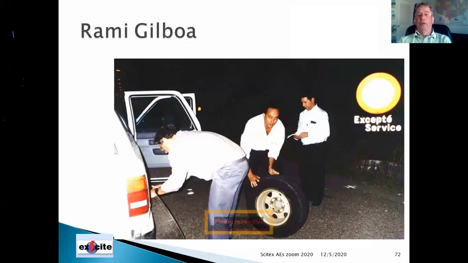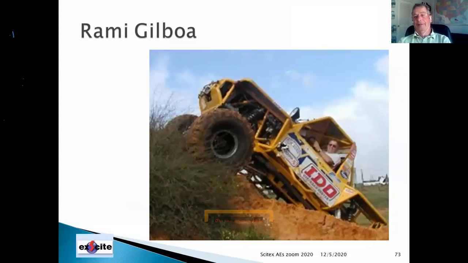And of course, in the middle of the way, along the road sign on the side that says expect service, we had a flat tire. I had a really bad back. So David Ofek was the helper, and Rami was doing what he does best.